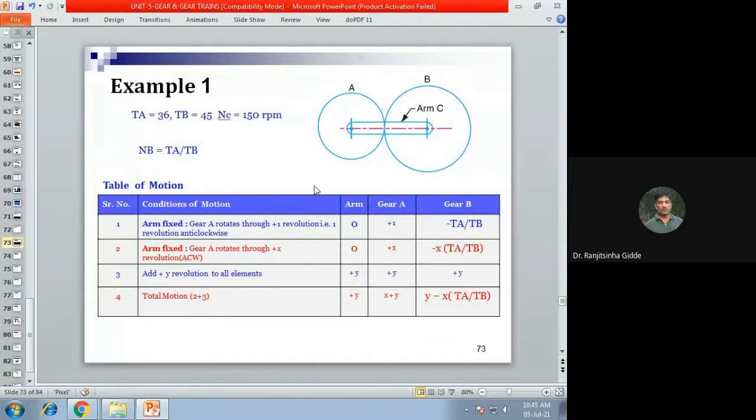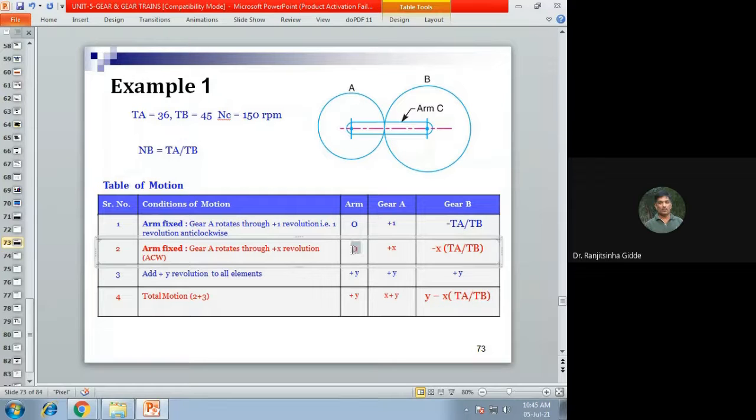Okay. Now what is the second row? Arm is fixed, no change in the statement. Arm is fixed. Gear A rotates through plus X revolution. That is 1 revolution in anti-clockwise direction.